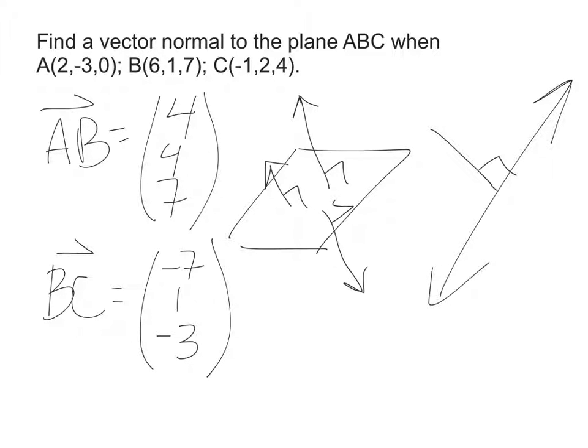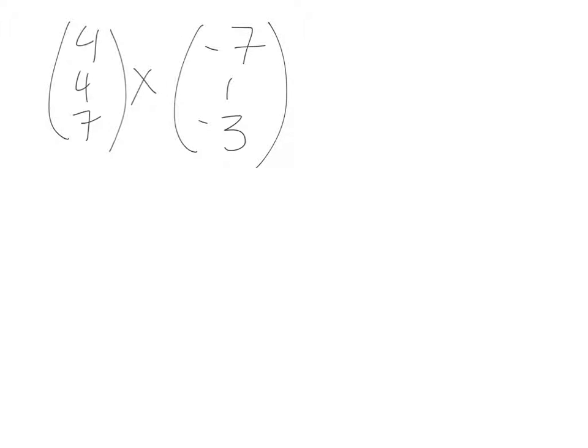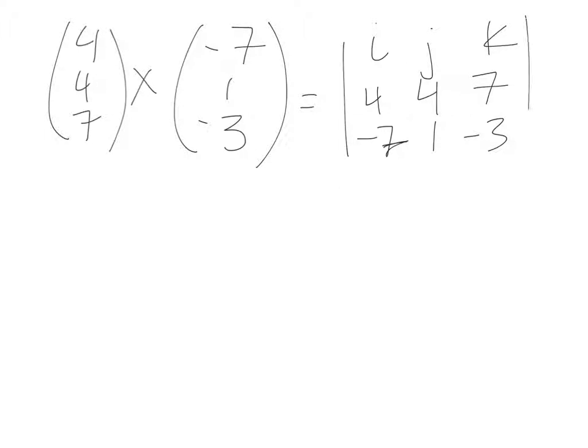Now I need to find the vector product of these two vectors. So I'm going to take those and find the cross product. When I look at these, I like to write that determinant with i, j, k across the top, and then we have 4, 4, 7, and -7, 1, -3.